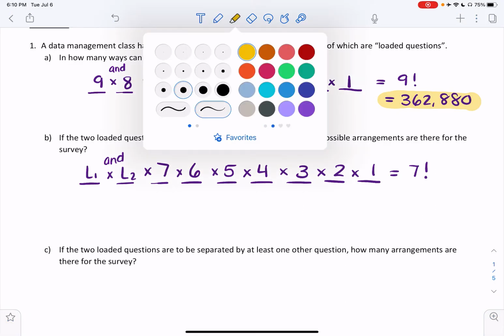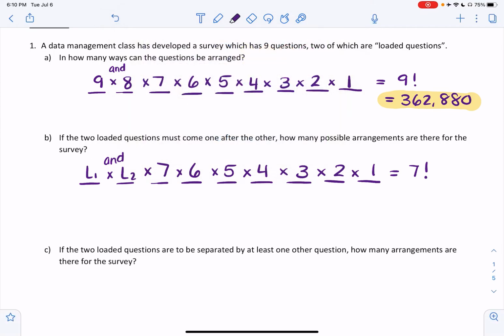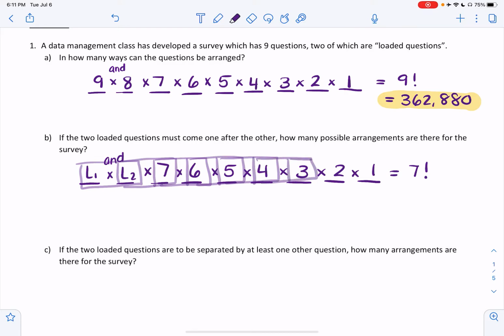So these 2 loaded questions could be here, or here, or here, or here, or here, or here, or here, or here. And we have 8 different spots for those loaded questions. So to account for that, I multiply by 8.